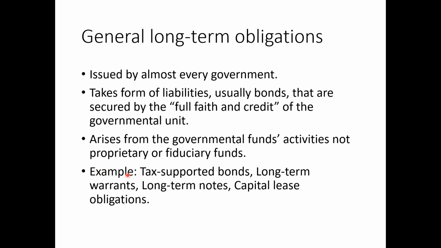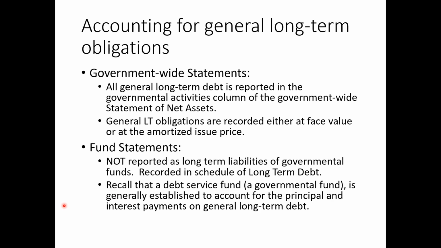What are those general long-term obligations? We have tax-supported bonds, long-term warrants, long-term notes, capital lease obligations. All these are general long-term obligations. Accounting for a general long-term obligation. For the government-wide statement, right?